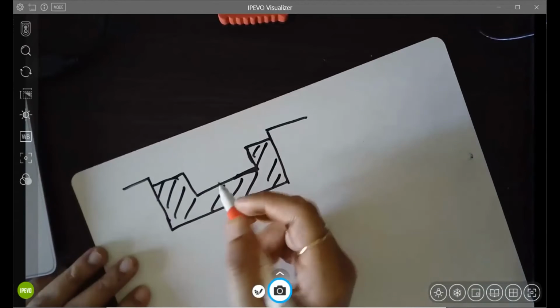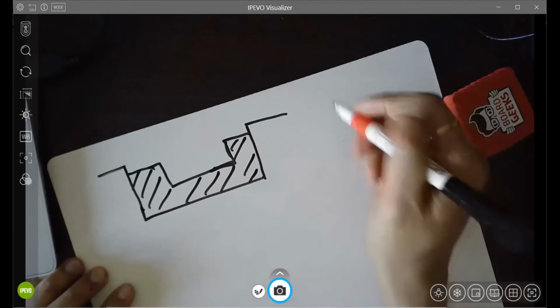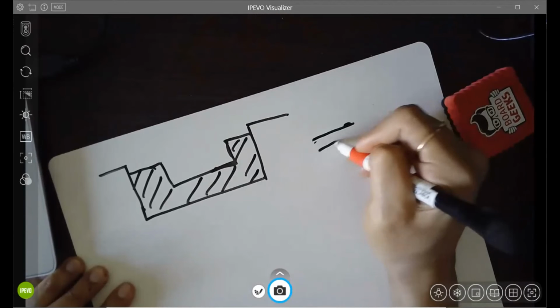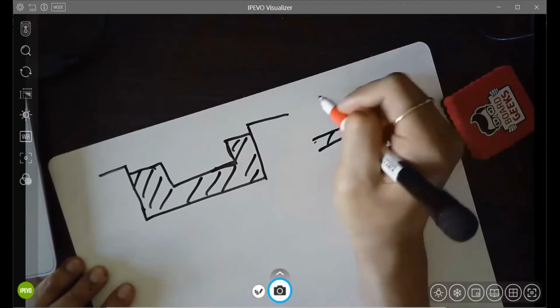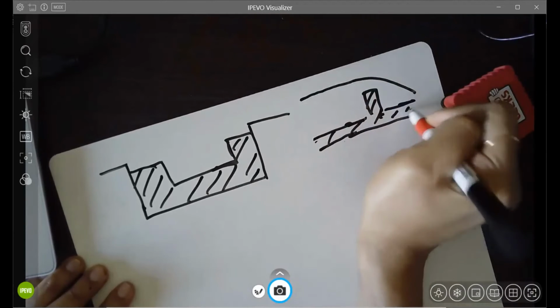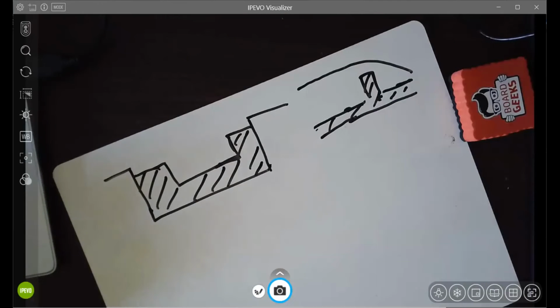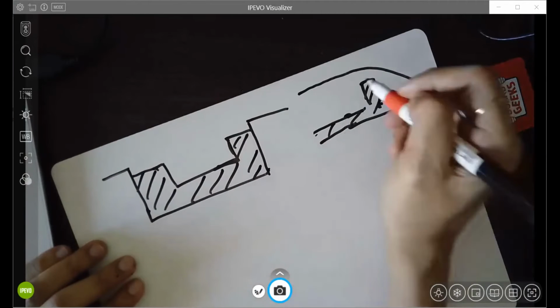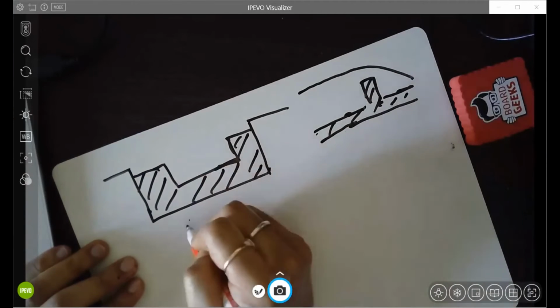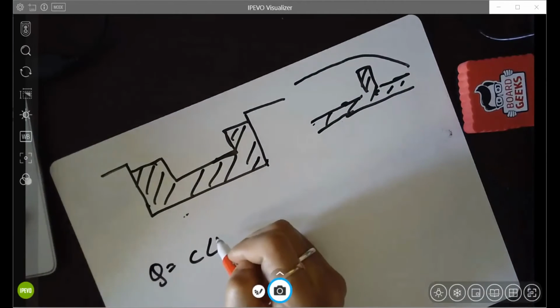So Q equal to, let me make both the diagrams. Q equal to C L dash. It's not exactly L, it's L dash.